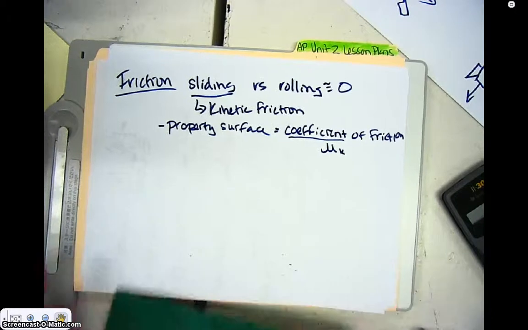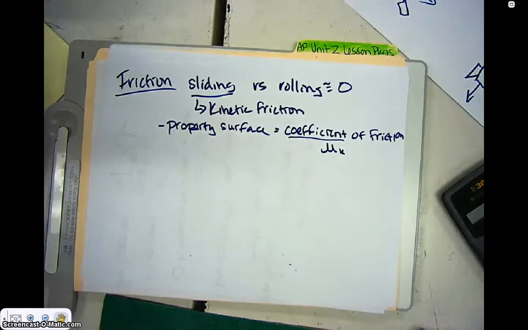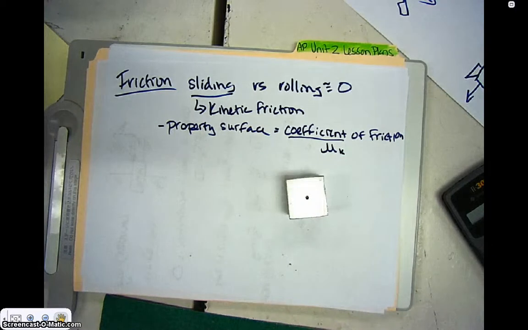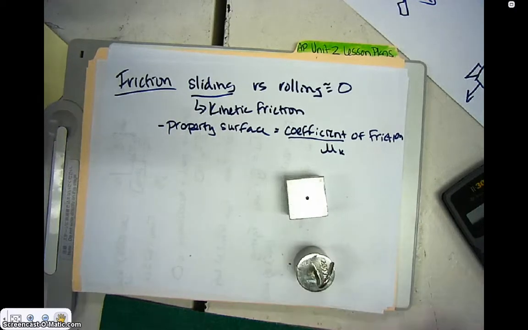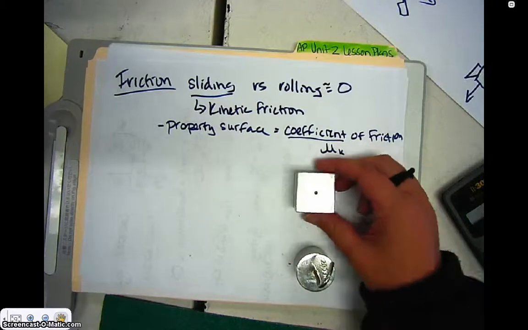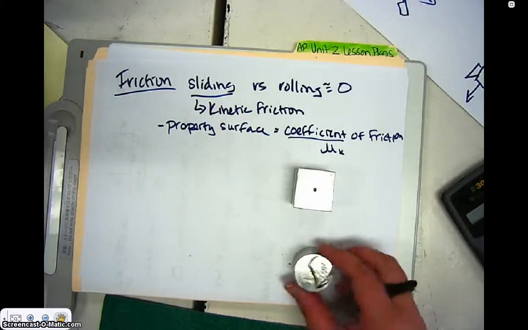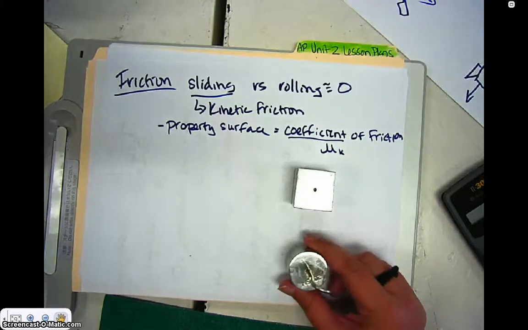Now the other thing is, let's look at this brick, and let me grab something else that's a little bit smaller. You can't really see, but this thing weighs about 50 grams, and this thing is about 200 grams.